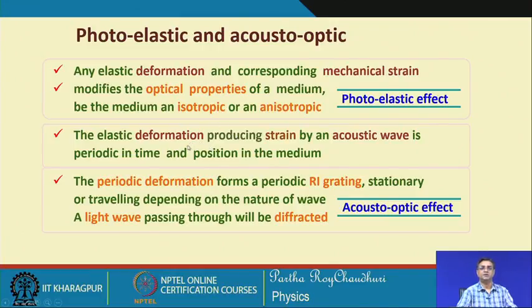There is a periodic change in the permittivity when it is associated with a mechanical wave travelling through the medium. But otherwise, for a static deformation, we will see how this deformation is related to strain and how this strain is related to the modification of the permittivity properties.